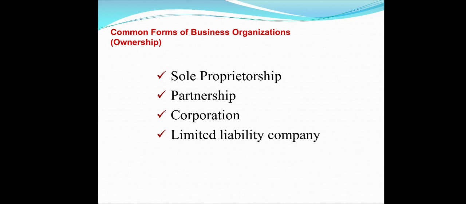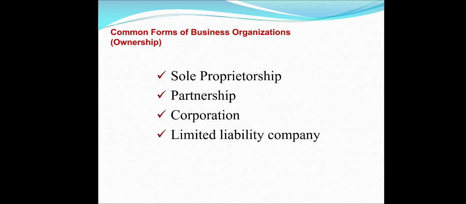The first one is sole proprietorship. The second one is partnership, and the third one is company. In Malaysia, we have a new type of business called limited liability partnership. But I don't think it is very important to know about it.